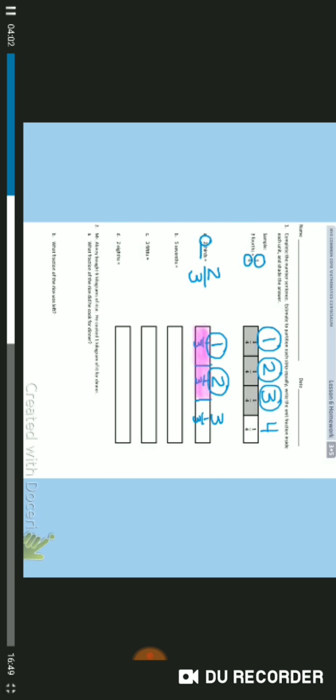Look at item B. It says 5/7. Sevenths is the unit form. That means I need to divide this rectangular strip into 7 equal parts.